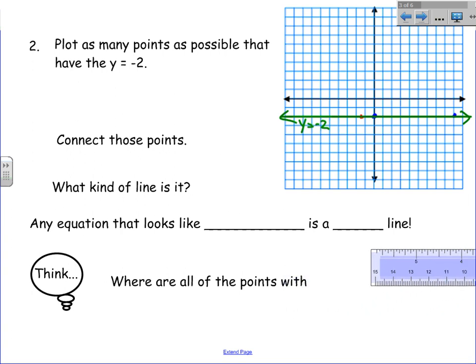What kind of line is it? What do we say this is a line? What kind of line is it, Shri? Good, a horizontal line. Any equation that looks like y is equal to some number c, any constant, is a, what kind of line, Nathan? Horizontal.